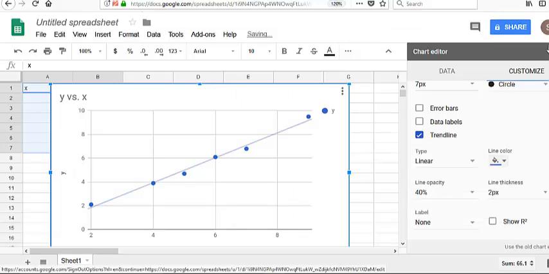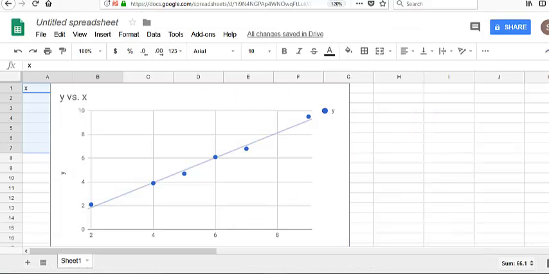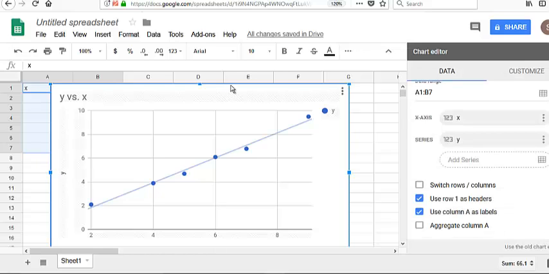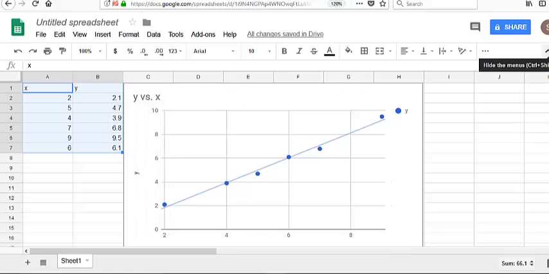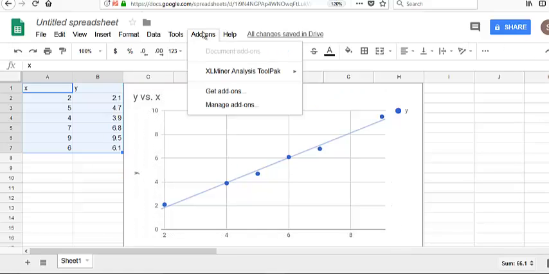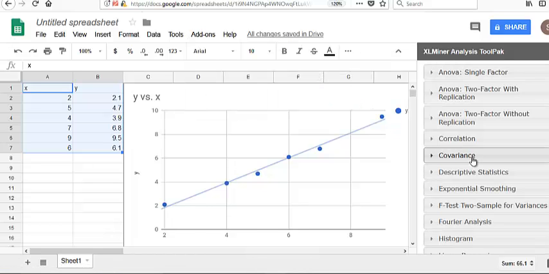Okay, so now you've got the line. The only thing we don't have is what the equation is and what the correlation coefficient is. You have to do that separately in this particular software, so I'll show you how to do that as well. The way you do it is one of the add-on features. Under Excel Analysis Tool Pack, one of the choices, we used histogram and descriptive statistics.